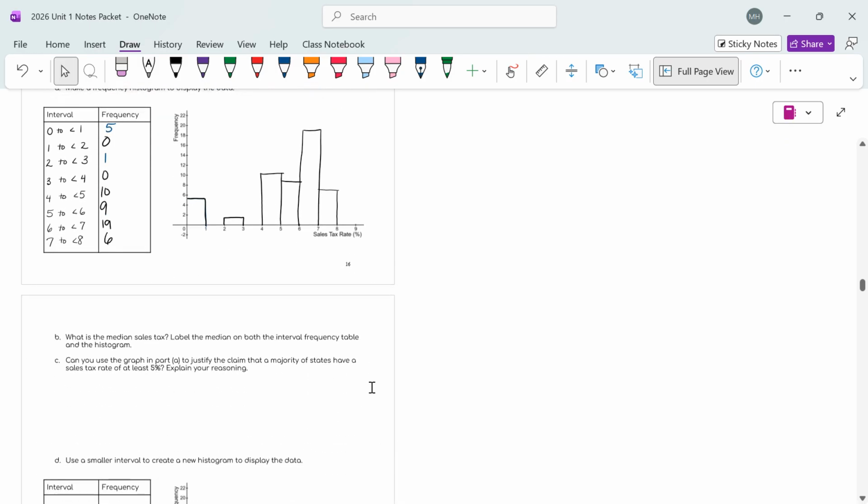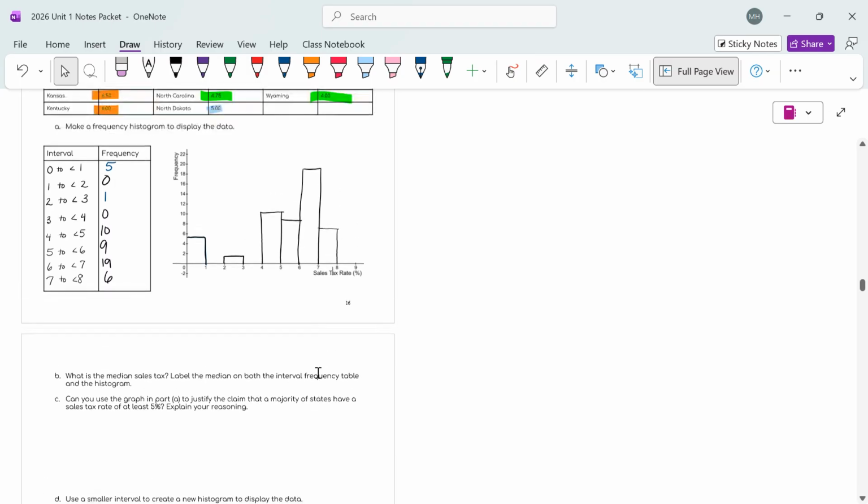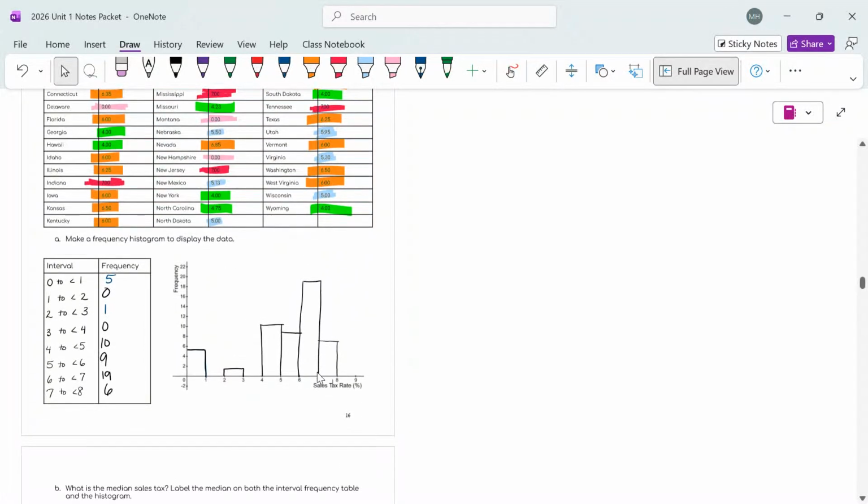In fact, we could even use our histogram to justify a claim about a majority of states having a sales tax rate of at least 5%. Well, 5% is right here. So can we argue that more than half of all of our states do that?